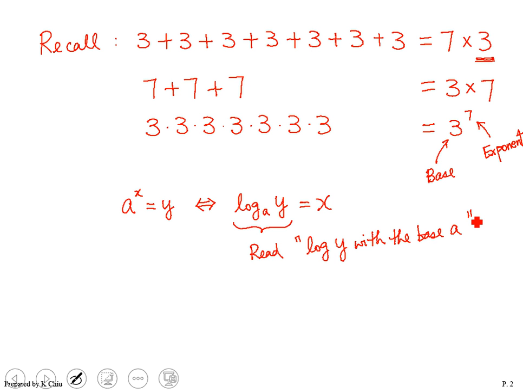Let's have a little bit of practice. Now remember, a to the x is equal to y. Then we can transform it. Now notice that I'm using a double arrow. That means if and only if: one implies the other and the other implies the first.